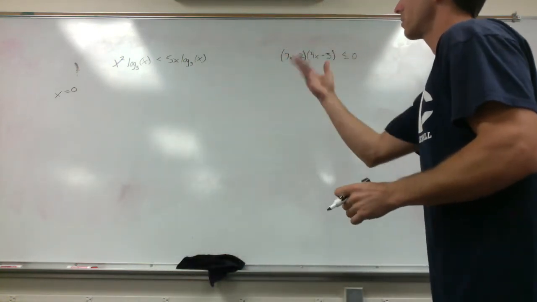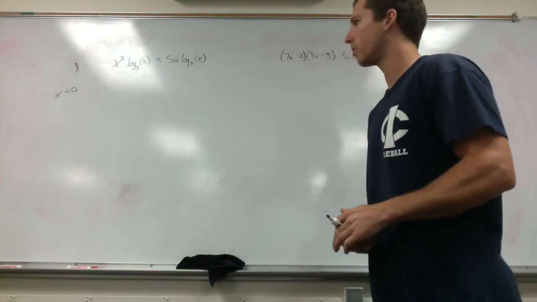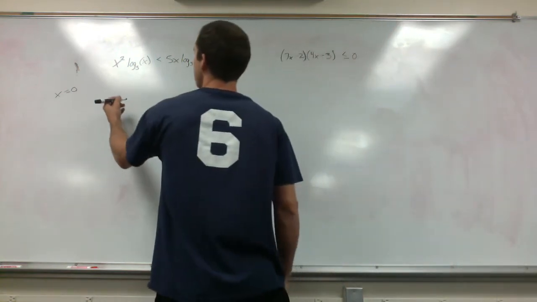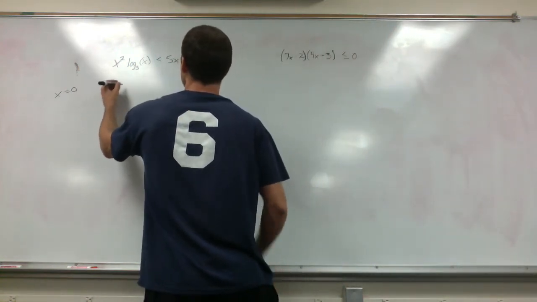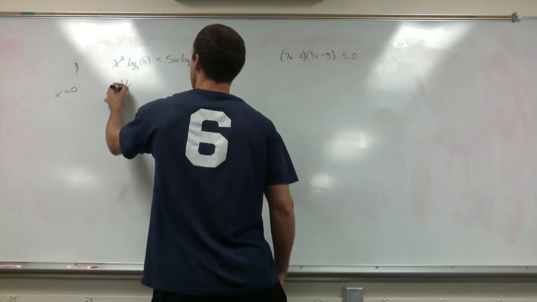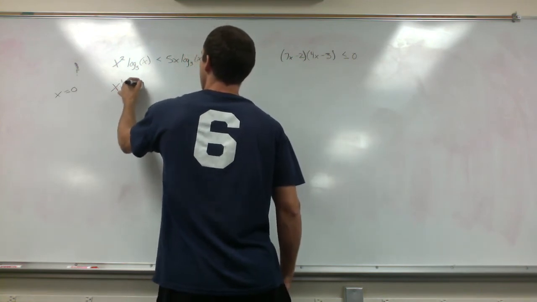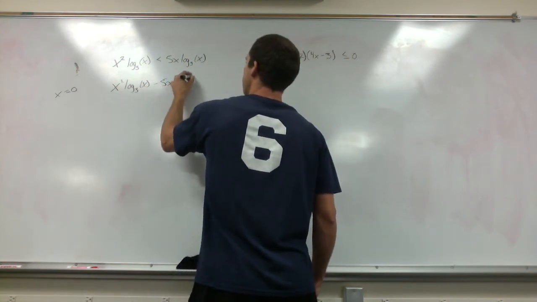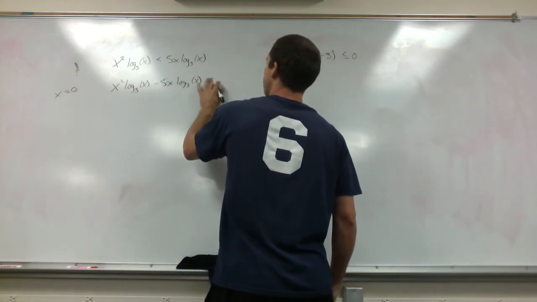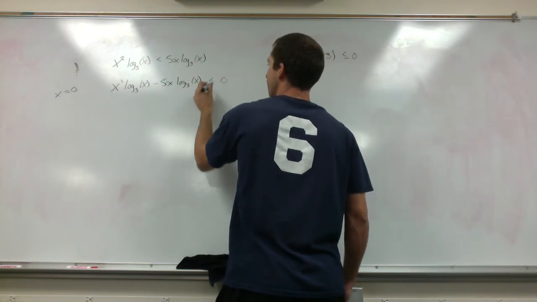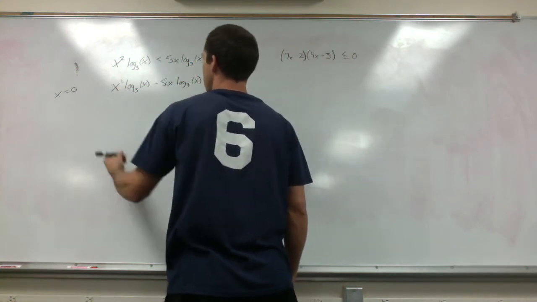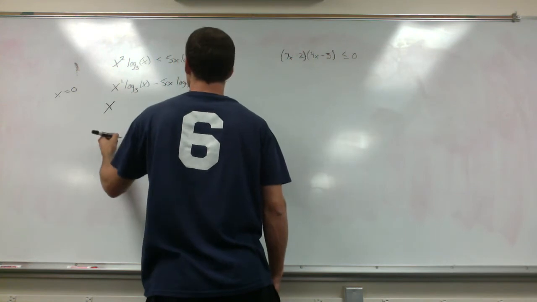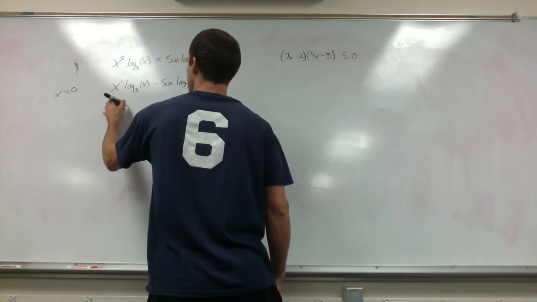So from here, let's just go ahead and solve it like before. We'll set the inequality less than 0. I'm going to move everything to the left. Factoring, it looks like you can bring out an x, and you can bring out a log base 3.